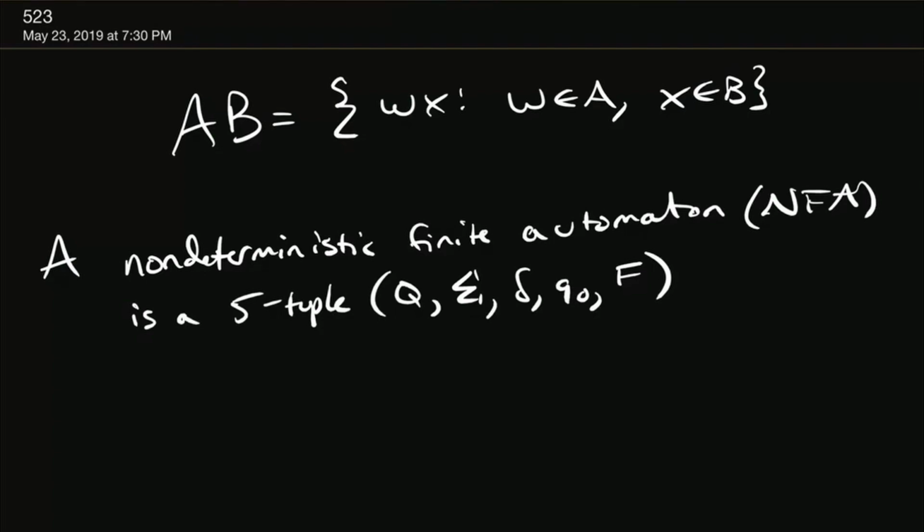We want to keep the input alphabet working the same way as before. Start state, we only really need to have changes on the transition function itself. We don't need anything else to change to accommodate concatenation. So what we'll do is we'll say that the other 4 pieces are the same. So the states, the input alphabet, the start state, and final states are as for a DFA.